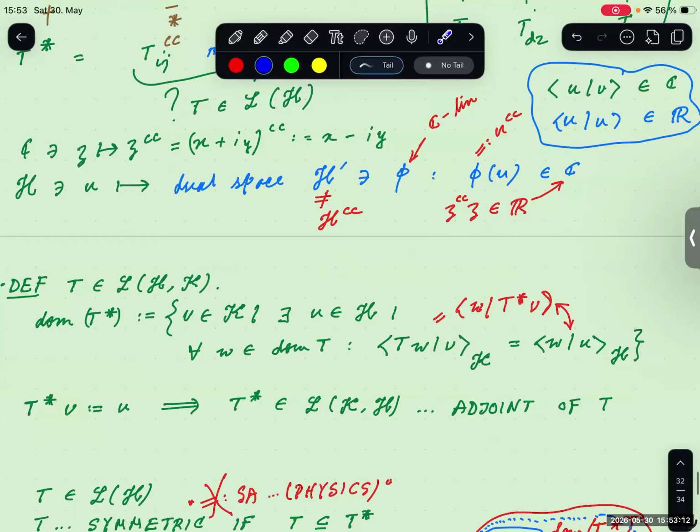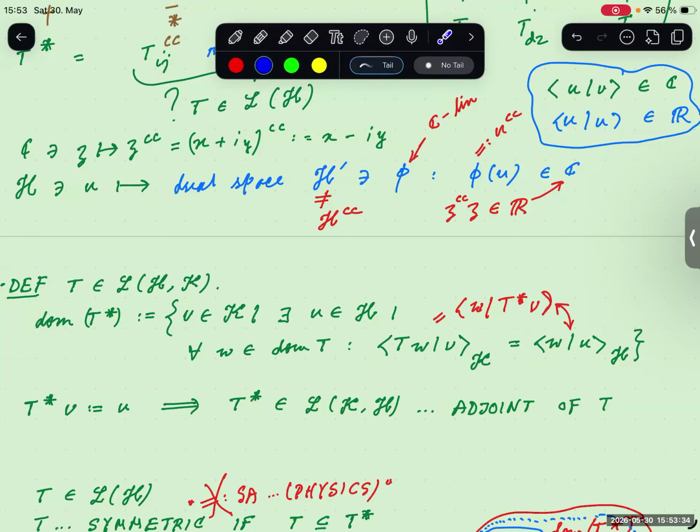So now we want to imitate the same thing. Morally, we want to define something like this: T acting on W equals V, and then the adjoint should act on V in such a way that it is the same as W acting on T star V.